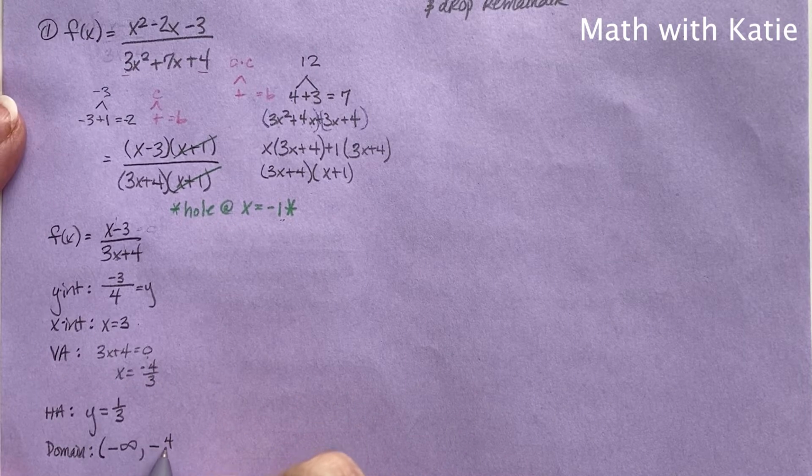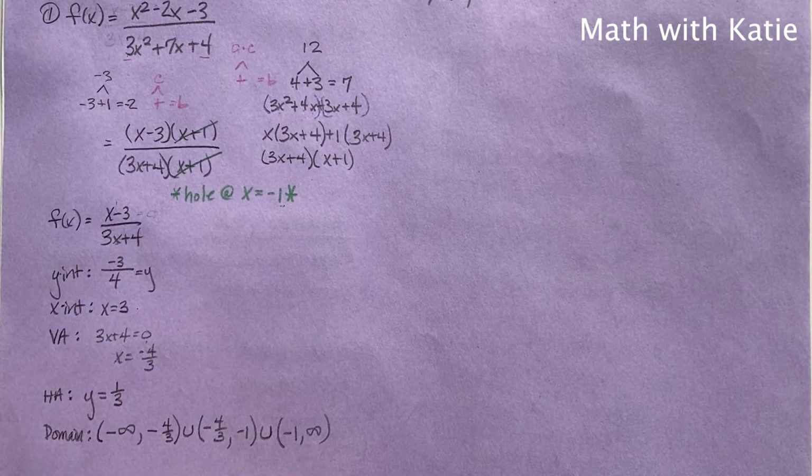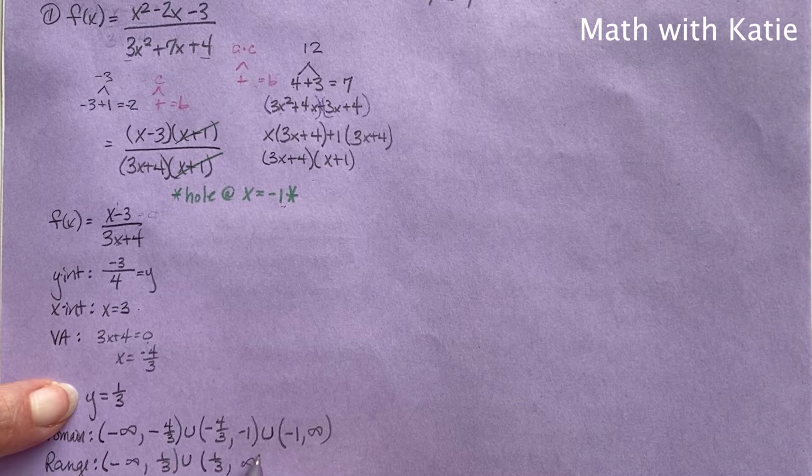So negative infinity to negative 4/3 union negative 4/3 to -1 union -1 to positive infinity. All right, now for our range, okay, it's usually all real numbers except for your horizontal asymptote. So negative infinity to 1/3 union 1/3 to positive infinity.